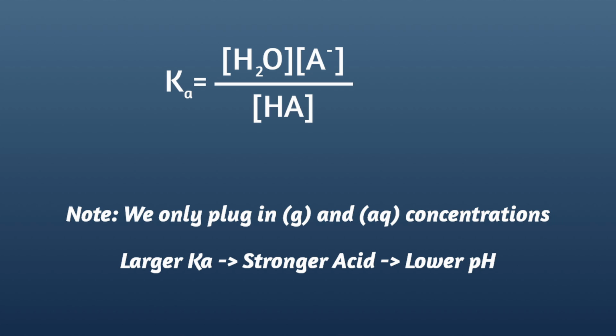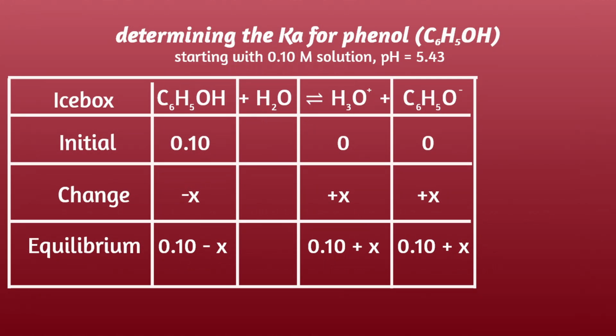We can also experimentally determine Ka. Determining the Ka for phenol, starting with a 0.1 molar solution and with a pH of 5.43.